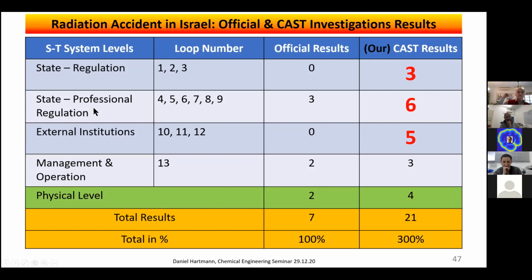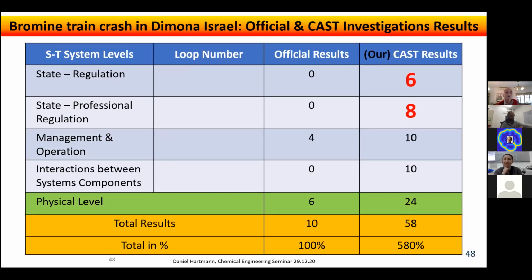By the way, in the previous accident or disaster, one of the findings was that the standards were just wrong, and everybody knew that the standards were wrong for 40 years, but nobody cared, and nobody changed the regulation.